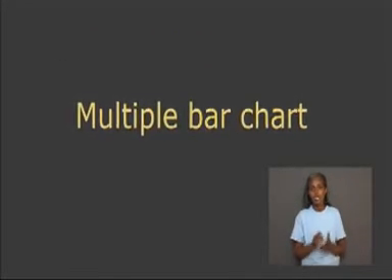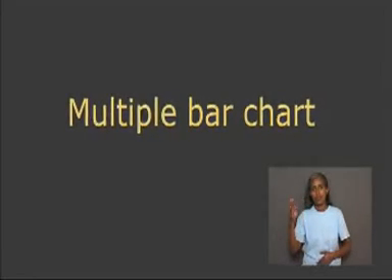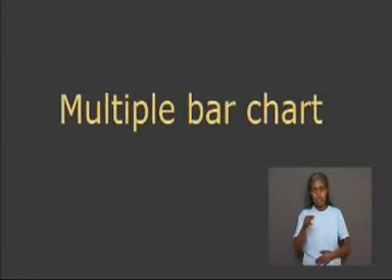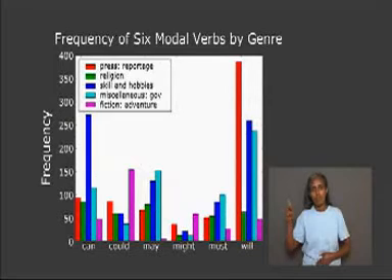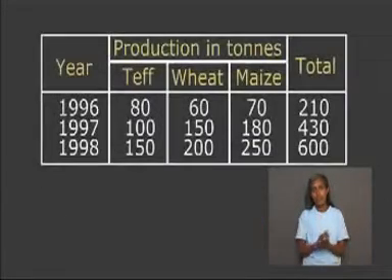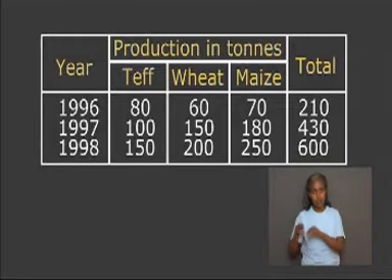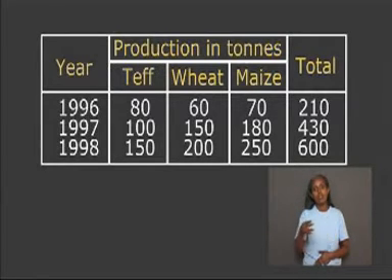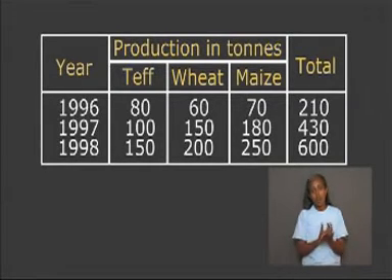The third type of bar chart is a multiple bar chart. Multiple bar charts show the various components side by side, making it easy to compare data. Students, this table represents production of teff, wheat, and maize over the course of 3 years.